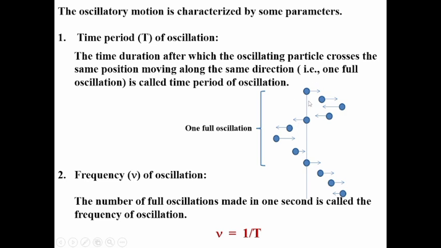So basically this is one full oscillation. The time required for this one full oscillation is called the time period of oscillation. And the frequency of oscillation, the number of full oscillations made in 1 second, is called the frequency of oscillation, and the formula is basically 1 by T, where T is the time period of oscillation.